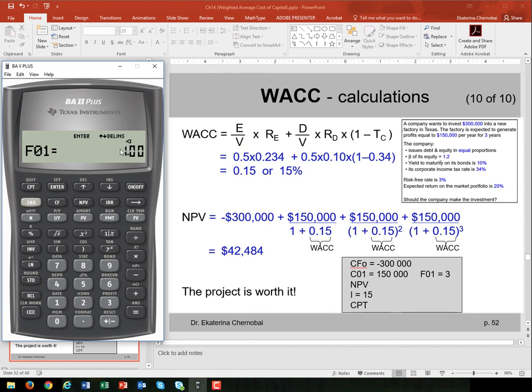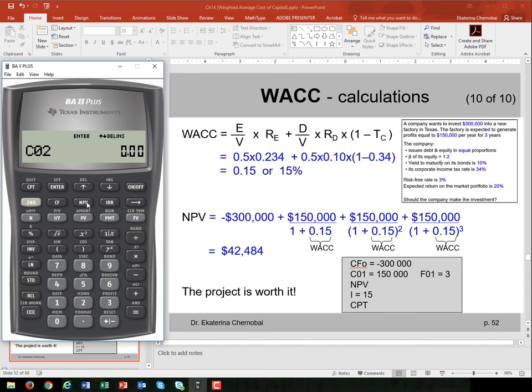And this is where we can speed things up a little and change the frequency to 3, because we have $150,000 repeating consecutively 3 times. I press 3, enter, down arrow key. Cash flow number 2, after my first cash flows have been saved. There is no cash flow number 2. That's it, we are done.